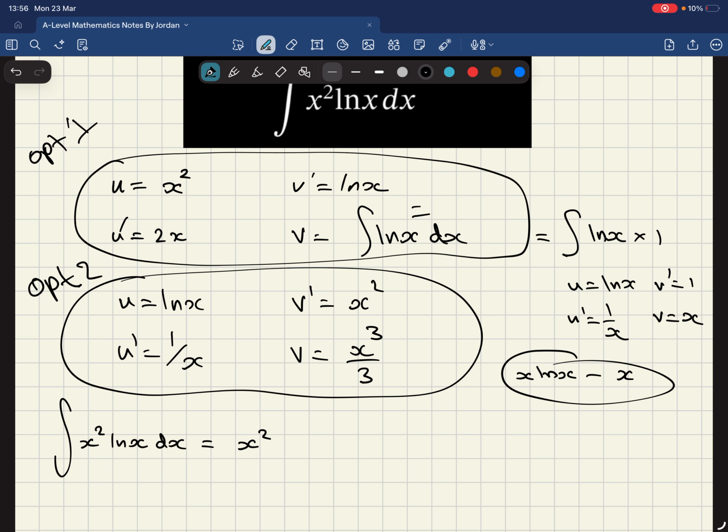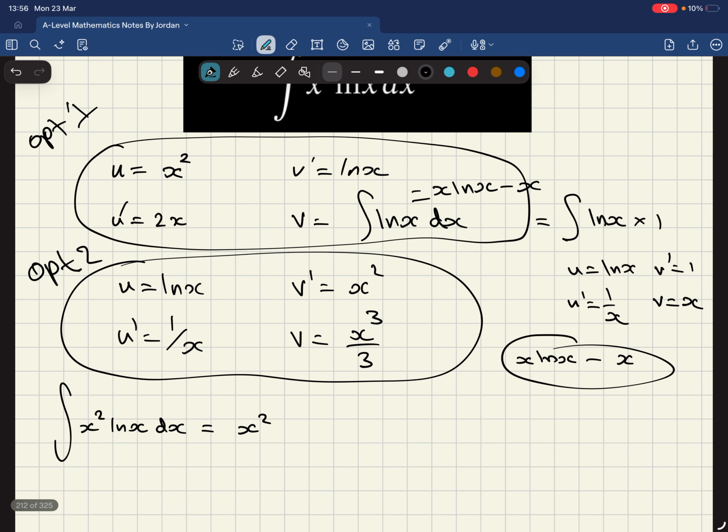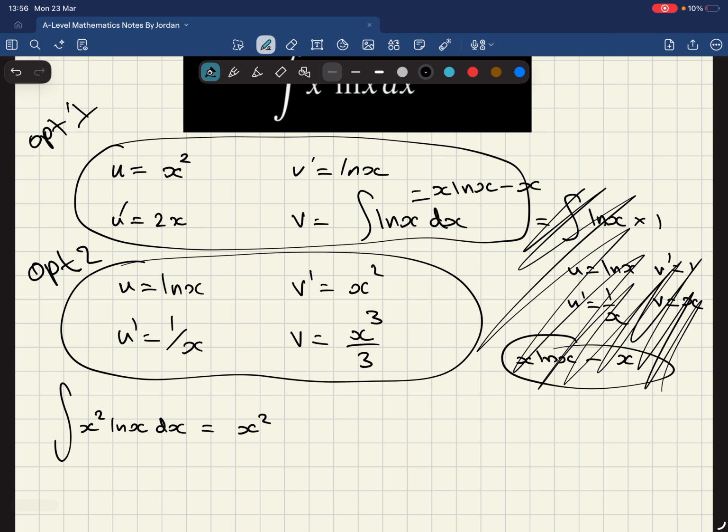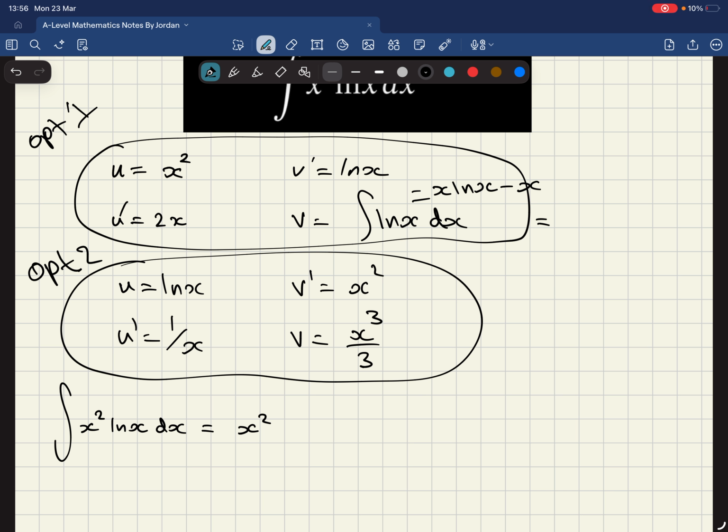Never mind. Okay, so that can be x ln x minus x. Great, I don't need this anymore. So that can go straight in then. So going back down here, that's our u. We need our v.